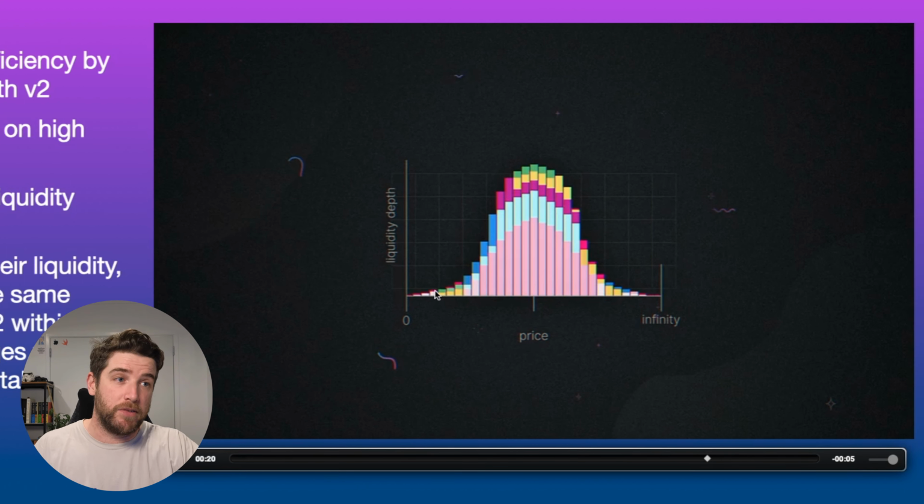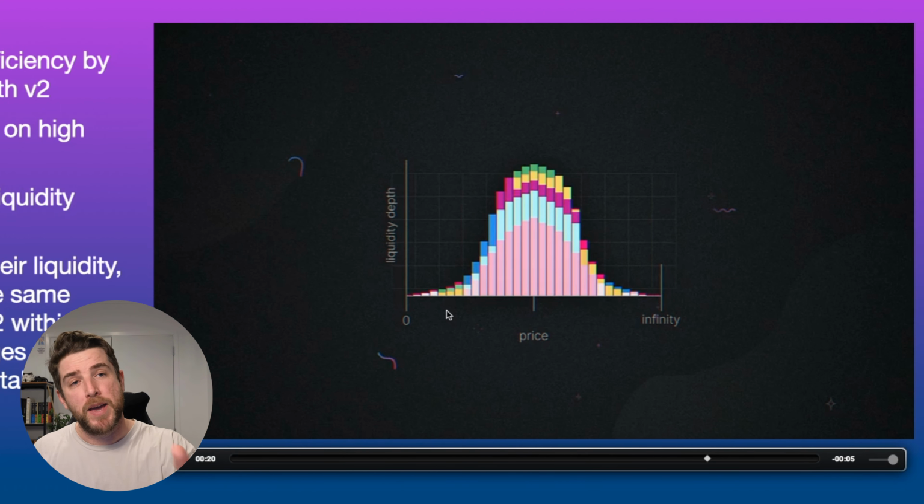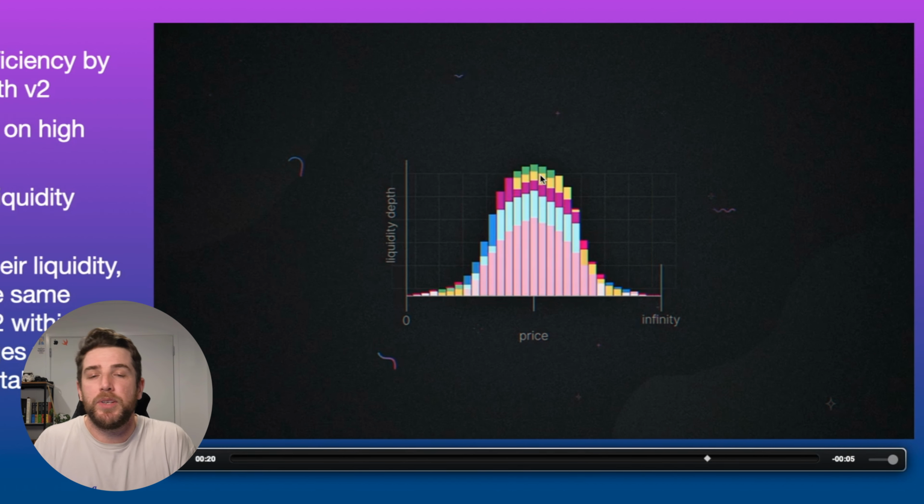That means that if you were providing liquidity on this range, you will get a better share of the fees than if the price is still ranging in this zone, because here a lot of people are adding liquidity, and of course there's more competition for the fees. That's the main idea behind concentrated liquidity.